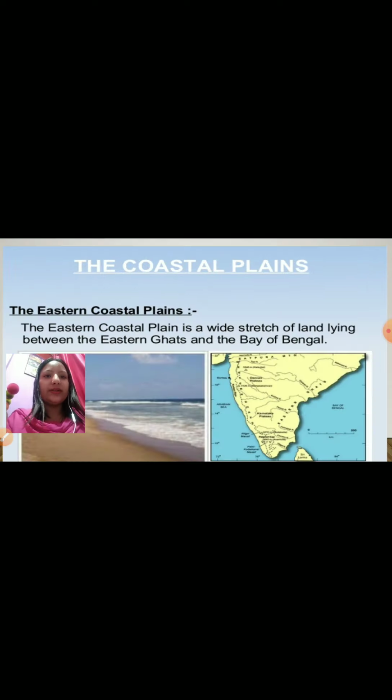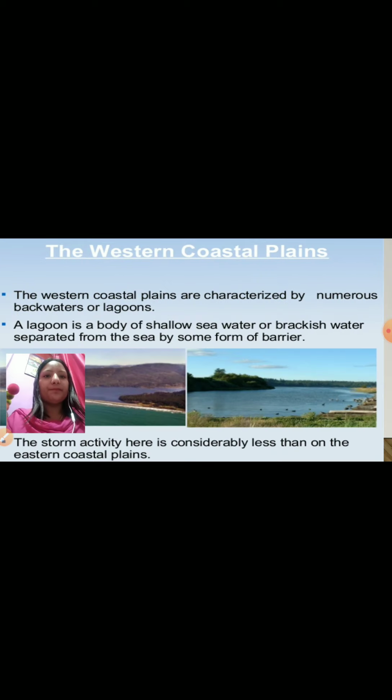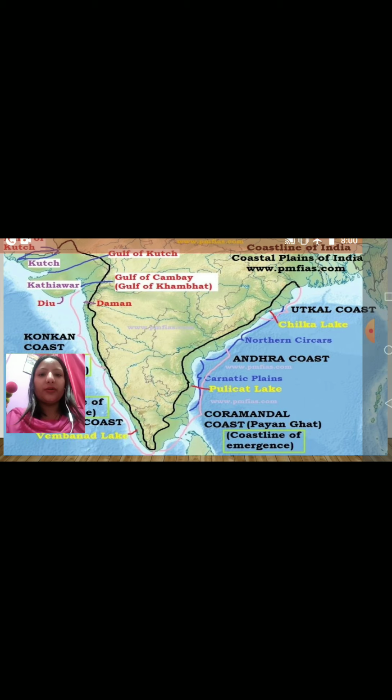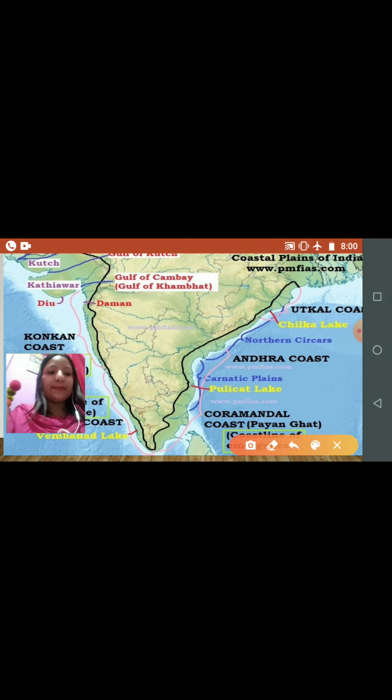The western coastal plain lies between the Western Ghats and the sea, a narrow strip extending from the Gulf of Kutch to Kanyakumari.